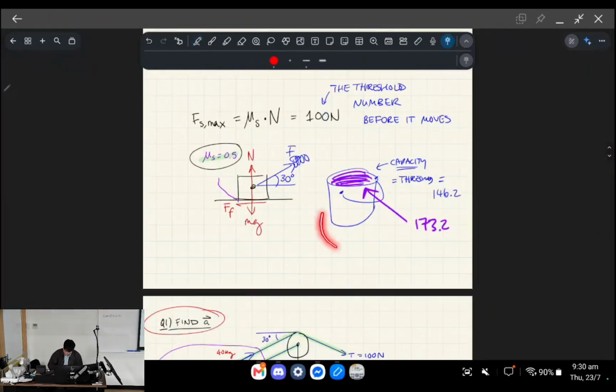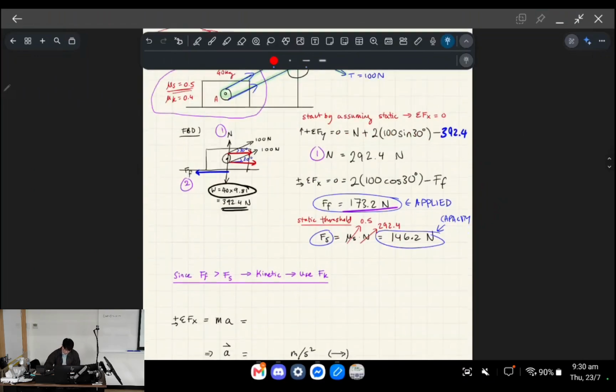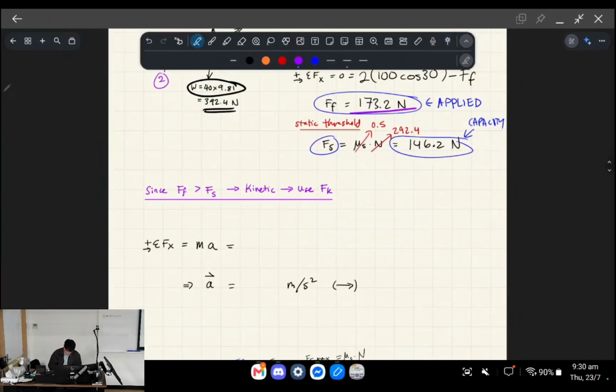If you compare these two numbers, you can obviously tell that the bucket is going to overflow, right? Because 173 is bigger than 146, right? So if the bucket overflows, our system's actually going to be moving, okay? So that's what we're saying here.